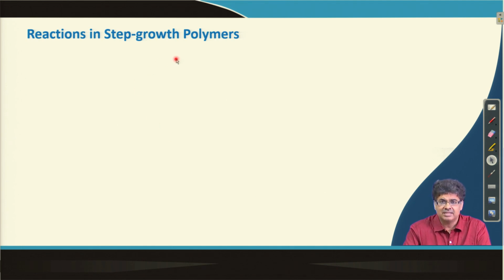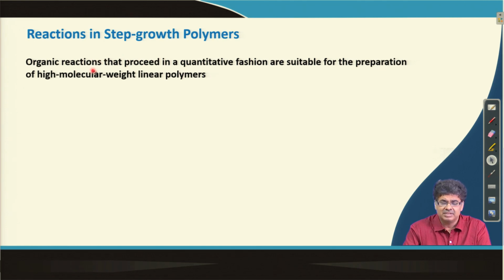Which reactions are typically used for step growth polymers? The organic reactions need to proceed almost in a quantitative fashion, 99% plus conversion yield has to be there in the organic reaction to produce high molecular weight linear polymers.